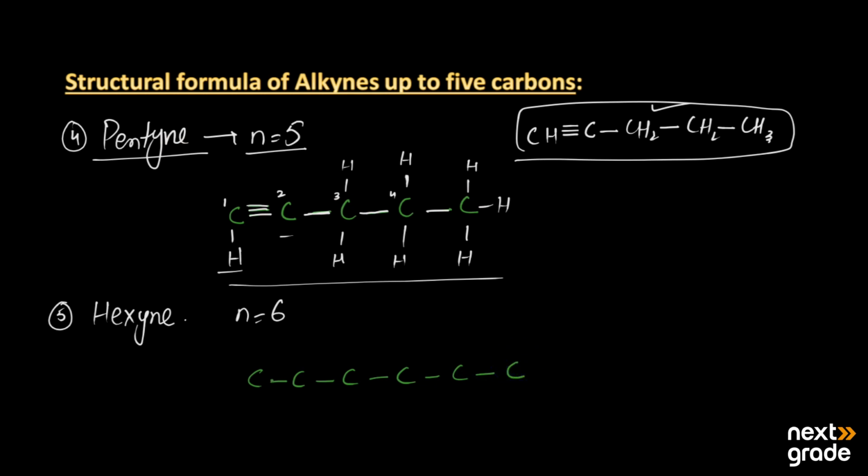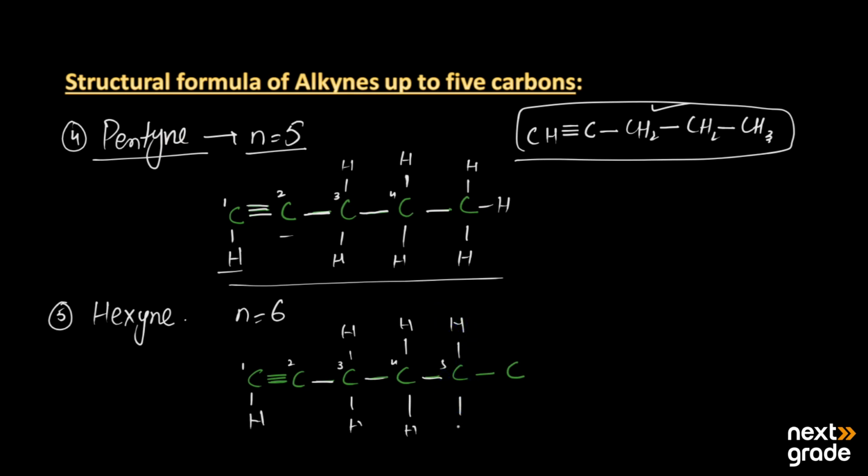Two carbons will have a triple bond, and then we complete the hydrogens. Carbon number 1 has three bonds, so it will have one hydrogen. Carbon 2 already has four bonds. Carbon number 3 requires two hydrogens, and the fourth also needs two hydrogens because it has to form four bonds.